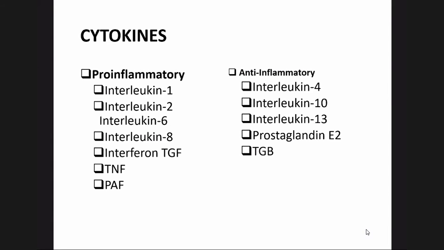Anti-inflammatory consists of interleukin 4, 10, 13, PGE2, and TGF-beta. The pro-inflammatory cytokines induce the inflammatory response, for example calling leukocytes during inflammation. The anti-inflammatory ones, meaning anti, inhibit the response to inflammation.